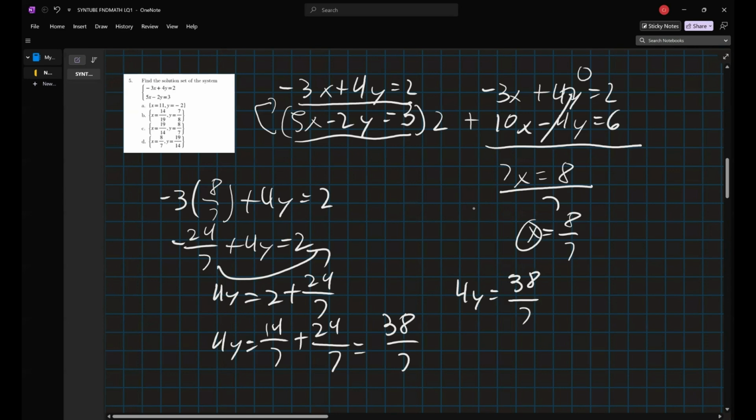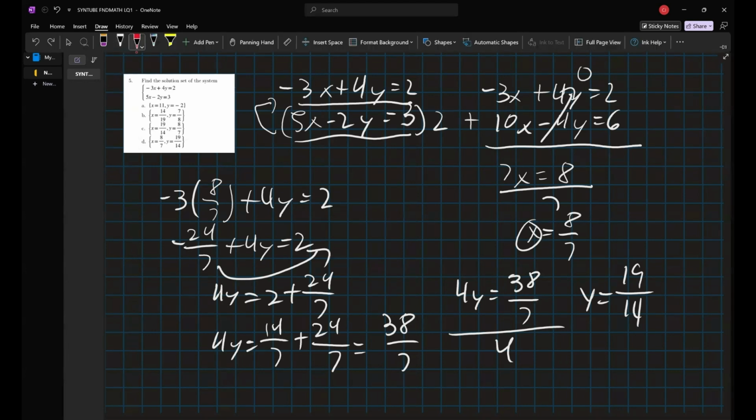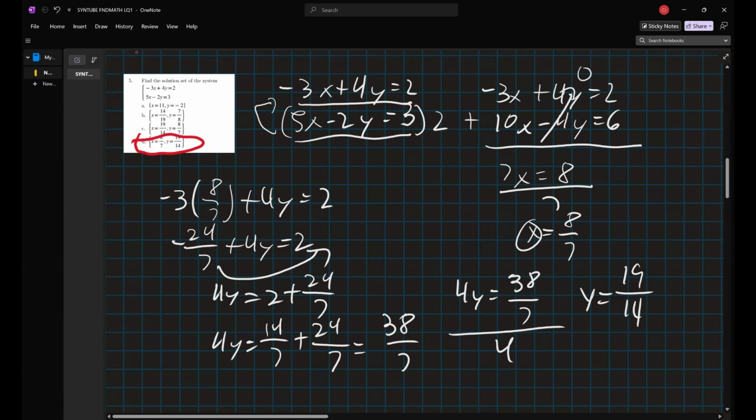Now what we want to do is divide both sides by 4, which would give us y equals, since 38 is not a multiple of 4, we can just divide it by 2. So that would give us 19 over 14. And as we can see, D is the correct answer. Let me circle it. D is our correct answer.